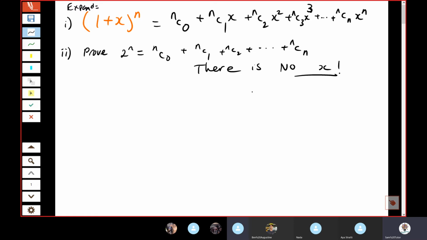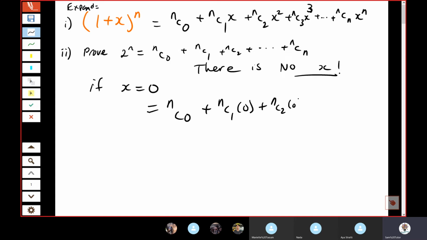X equals 0. If x equals 0, what would you end up with on the right hand side here? All these will be nothing, so what do you end up with? nC0. That's not what you wanted. So, you want to give it one more shot?